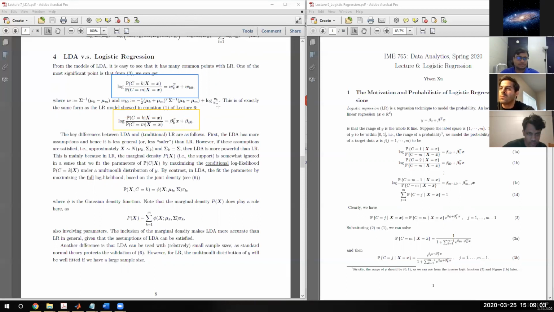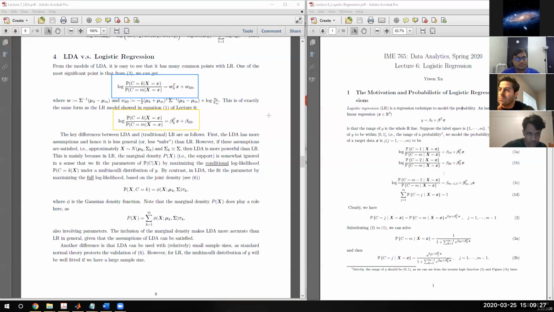Good. But are they really the same? The truth is they are not. There are mainly two differences between the traditional LDA and the traditional LR. The first difference is that LDA has more assumptions.